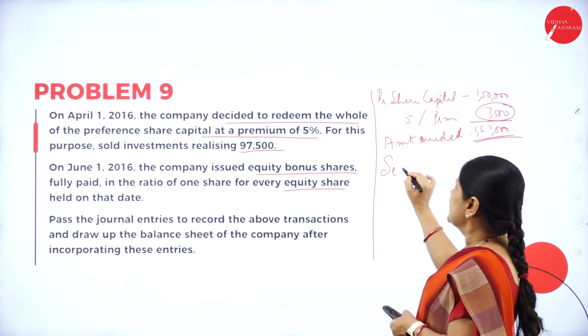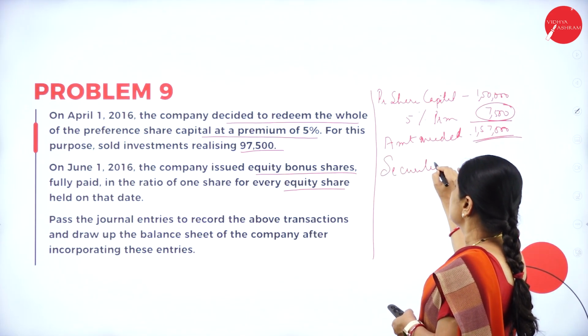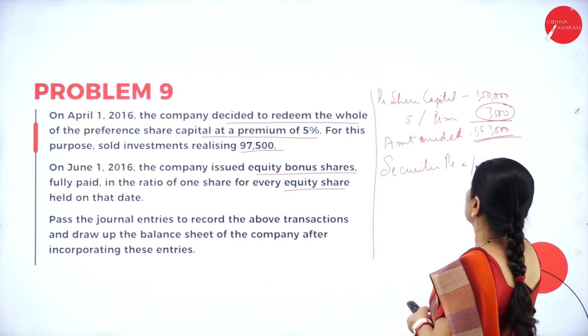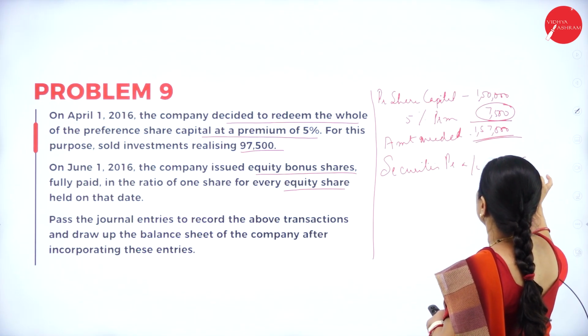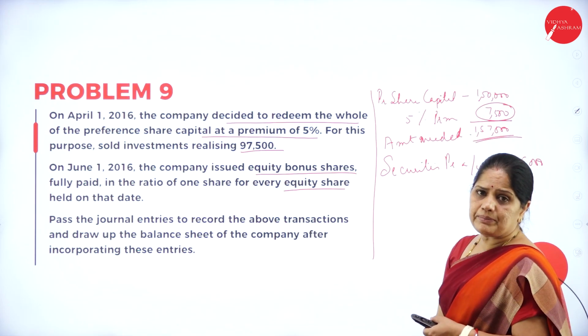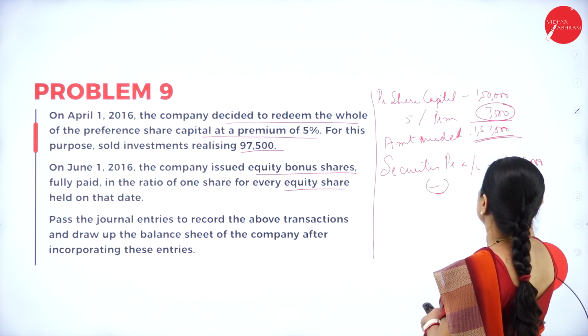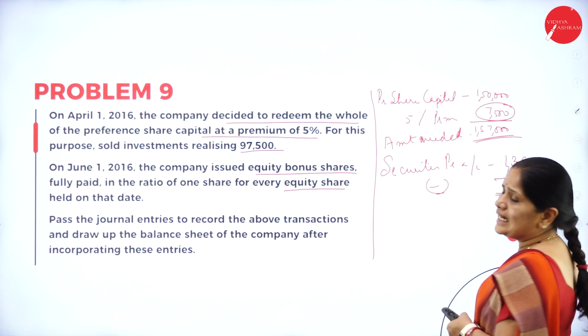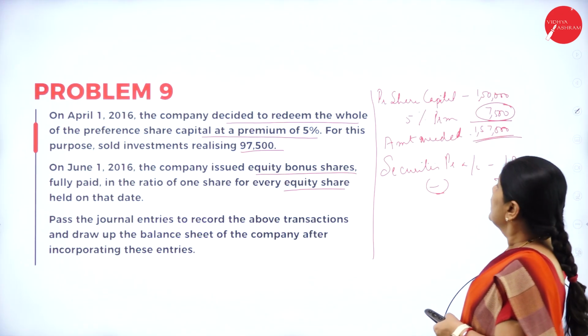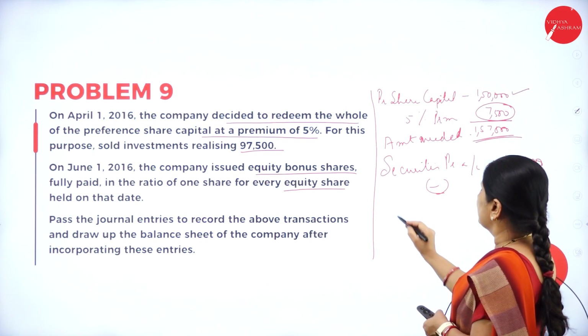So this we can provide it out of the securities premium account. So there is 1,35,000 in the securities premium account in the balance sheet. From this, I will deduct 7,500. So that takes care of the premium amount. Now I have the capital amount of 1,50,000.